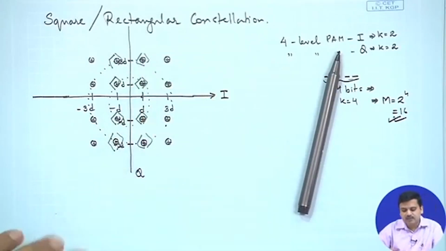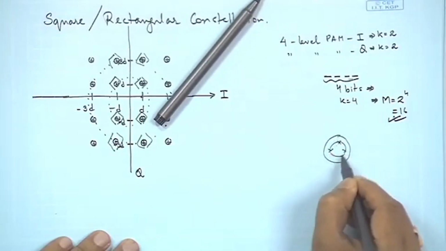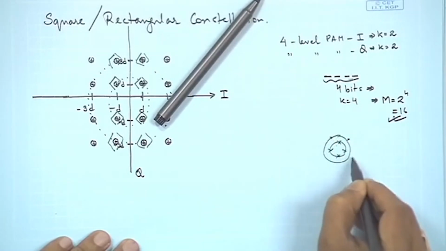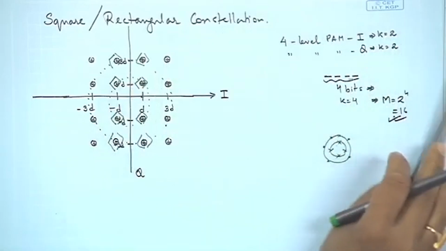I could combine this as PAM with PSK as different phases and different amplitudes, but of course, the combination would not be as straightforward as we had drawn in the diagram where we had 2 concentric circles and different phases. So here the representation was easier compared to if we represent over here.